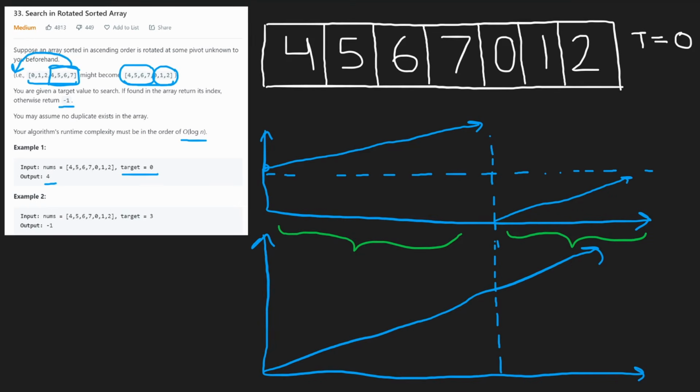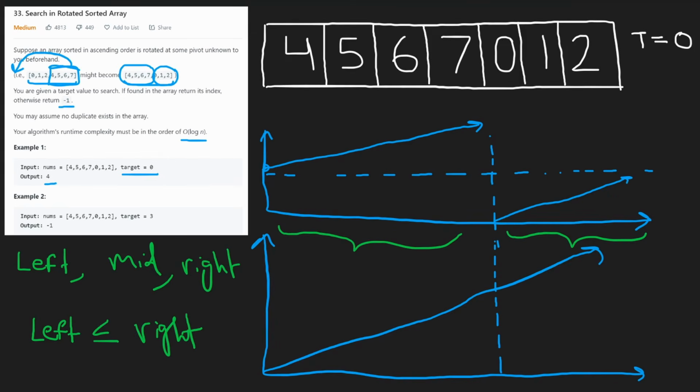A binary search usually has 3 pointers: a left pointer, a middle pointer, and a right pointer. The left is always going to be less than or equal to the right. This is something you know from binary search. Let's say our middle value was 6 at some point. This means that we're in the left sorted portion of the array.